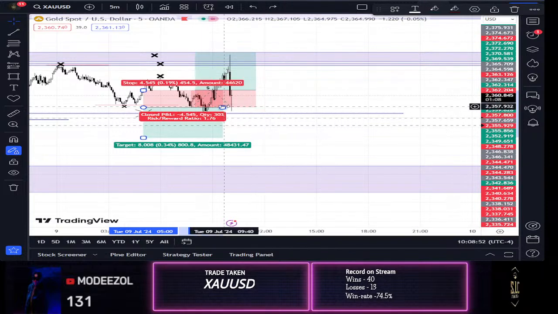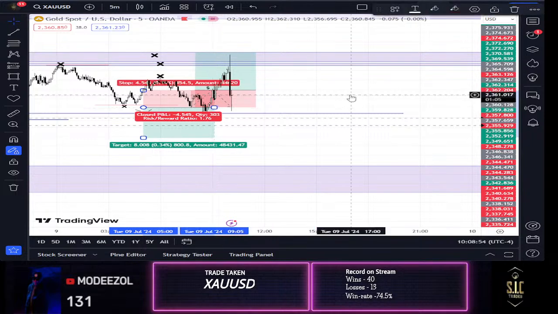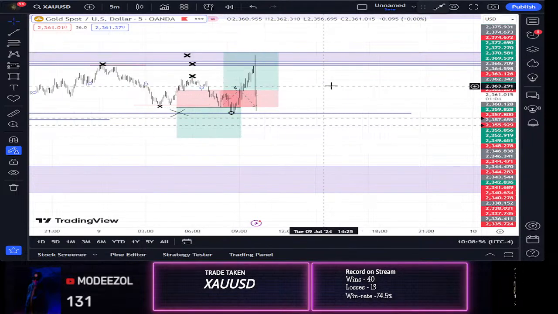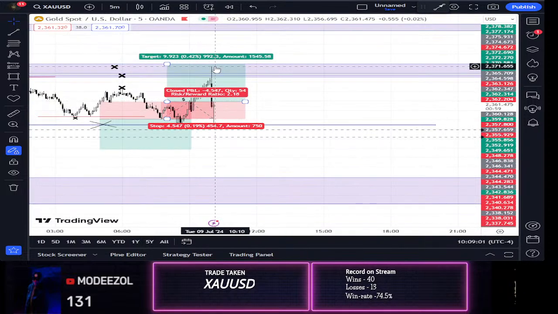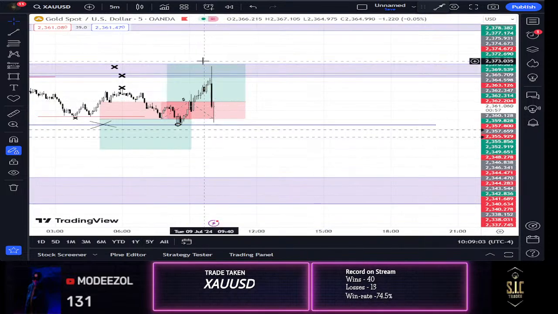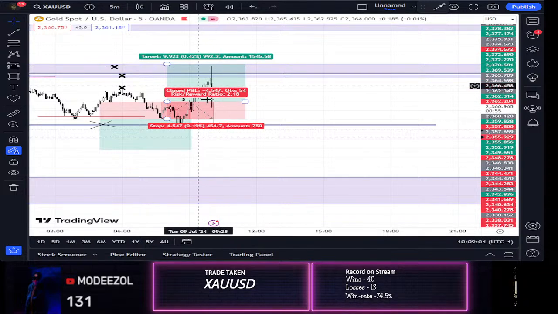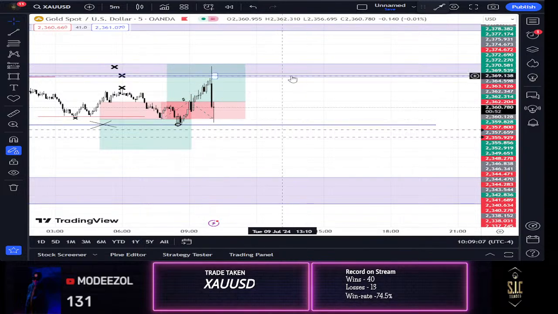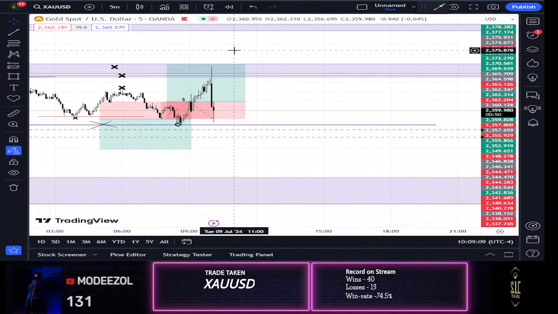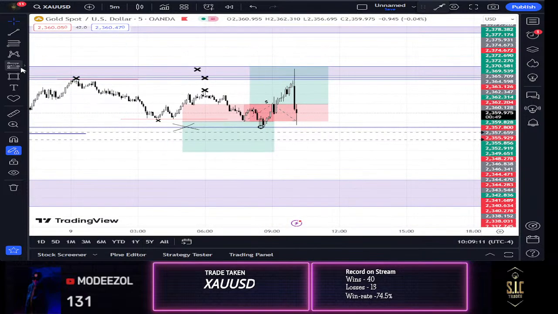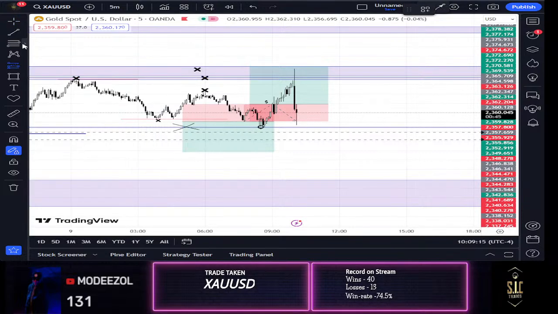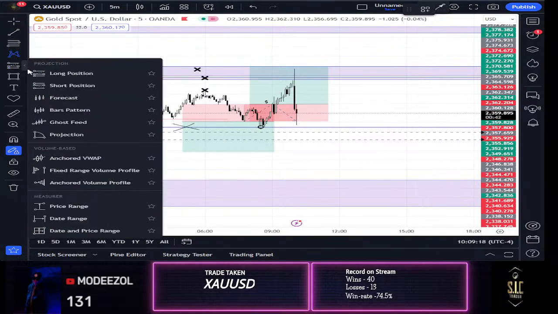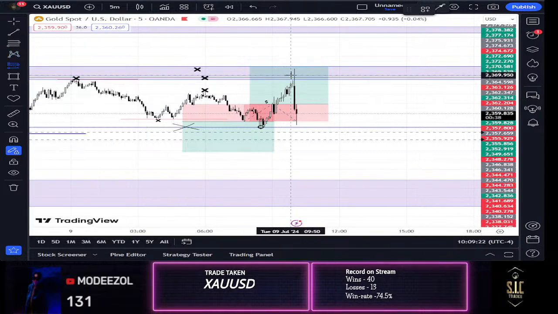But anyways, we see this. We got hit there, okay? We got up in there, close to 100 pips, like 95 pips, and then she reversed, right? This, guys, is what I mean by short.